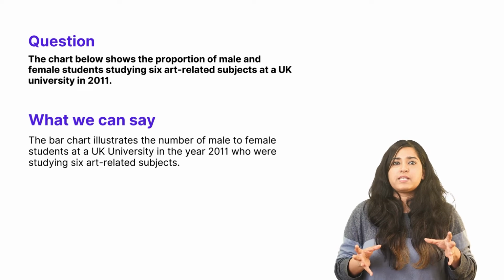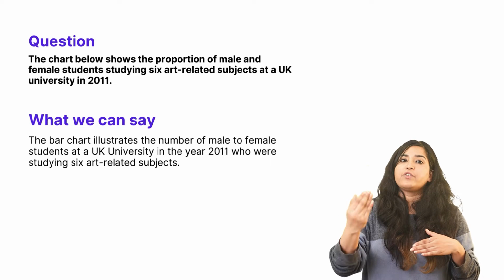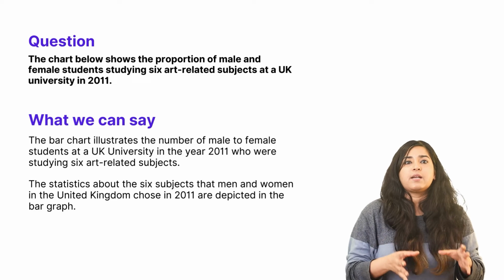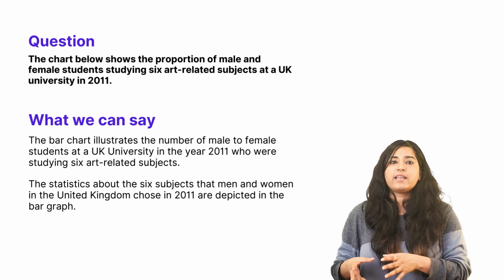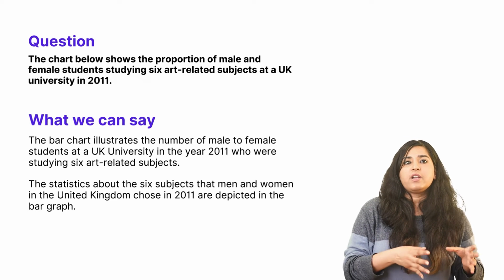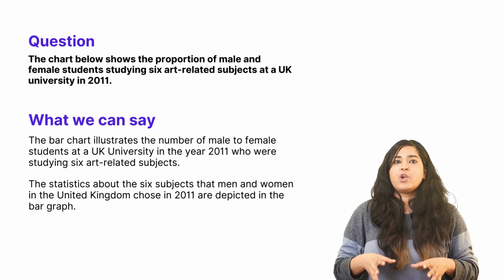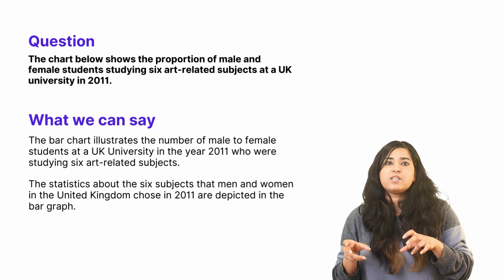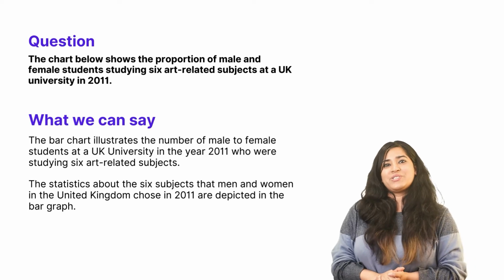This is somewhat of a basic rephrase, but if you want to go one step further, you can rephrase it too. The statistics about 6 subjects that men and women in the United Kingdom chose in 2011 are depicted in the bar graph. Replacing the word shows with illustrates or even depicted will increase our lexical resource score.